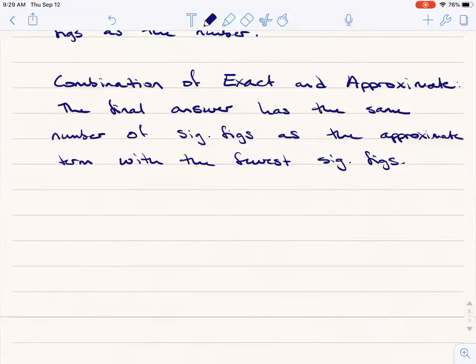So it should just be 1 decimal place, because they're multiplying, so they have that second decimal that's not a sig fig in the next number.